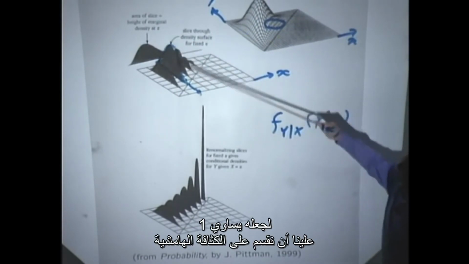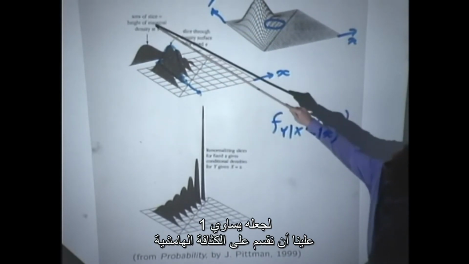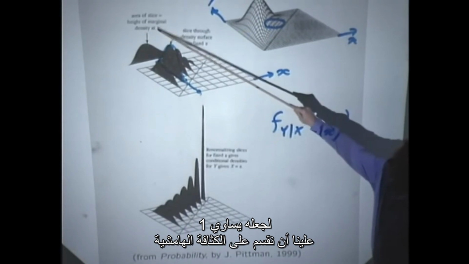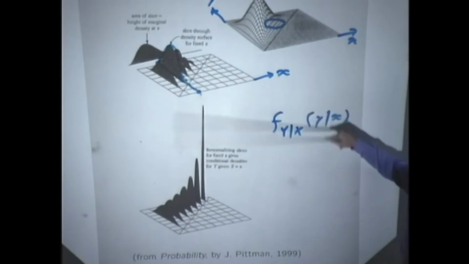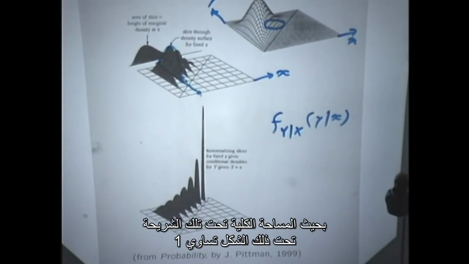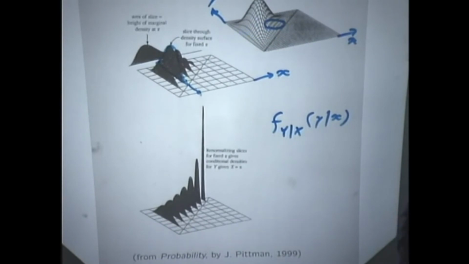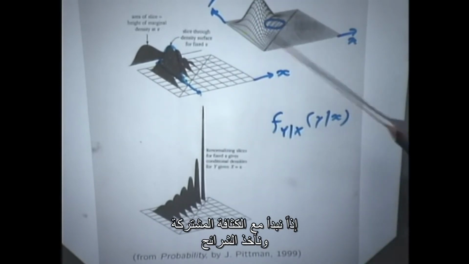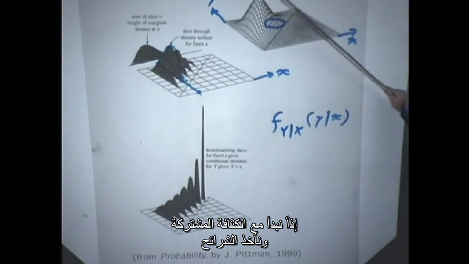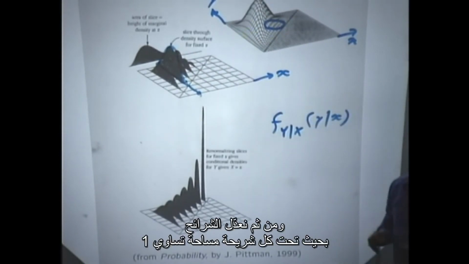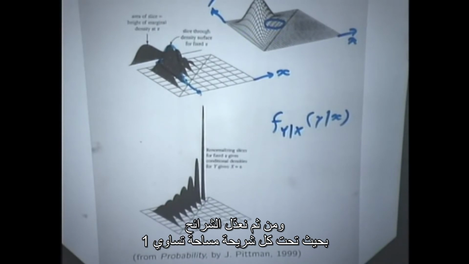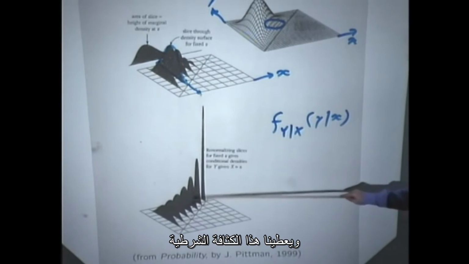To make it equal to 1, we need to divide by the marginal density, which is basically to renormalize this shape so that the total area under that slice, under that shape, is equal to 1. So we start with a joint. We take the slices. And then we adjust the slices so that every slice has an area underneath equal to 1, and this gives us the conditional.